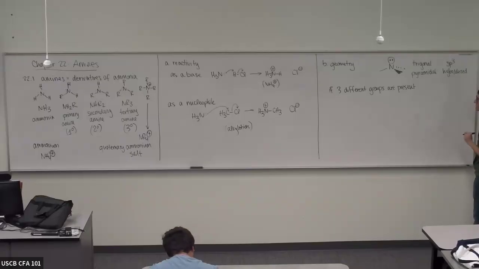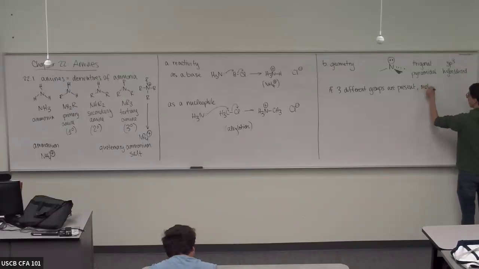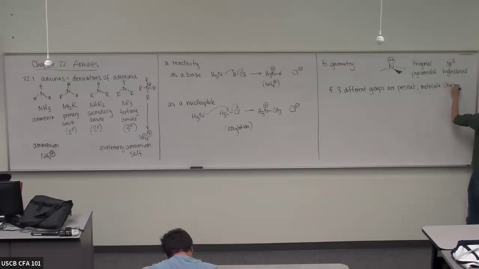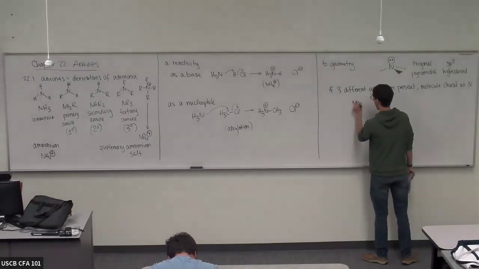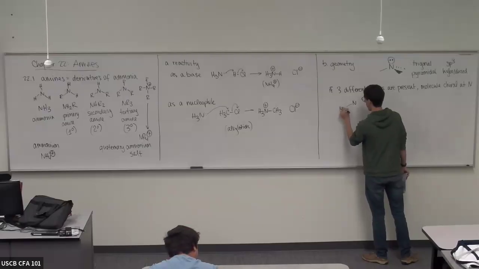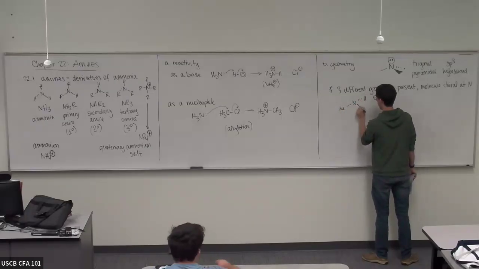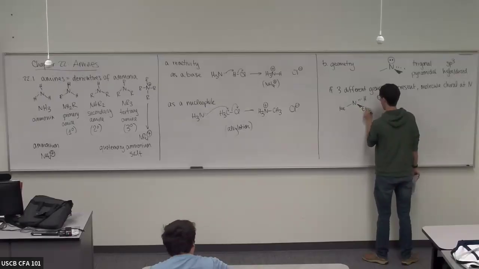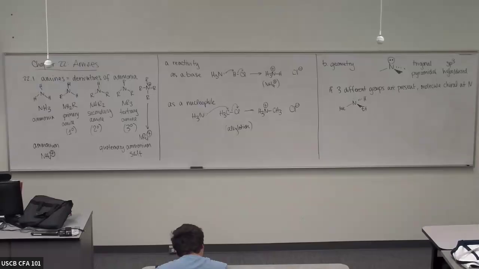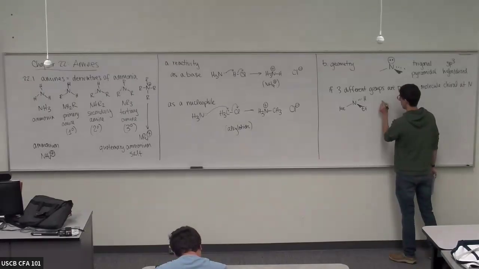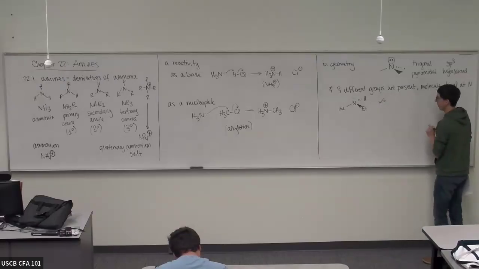But anyway, for the R groups here, if three different groups are present, the molecule will be chiral at the nitrogen. So there's one example where we have three different R groups.